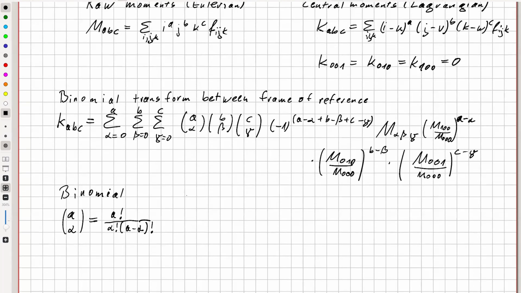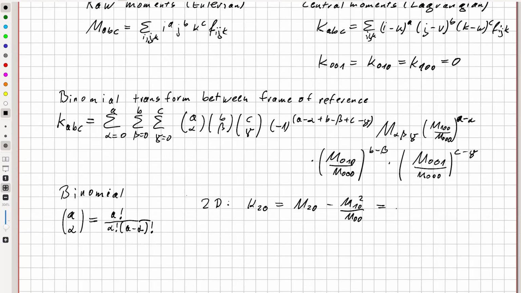For example, in 2D, this means that K20 can be written as m20 minus m10 squared divided by m00.